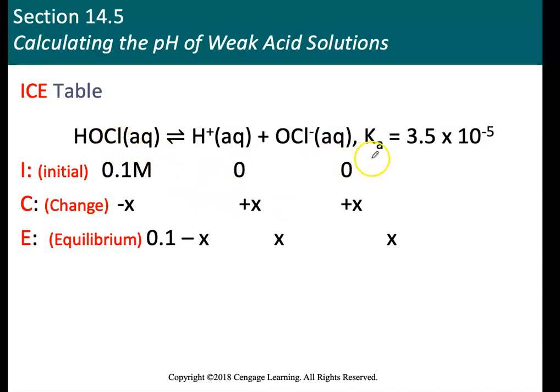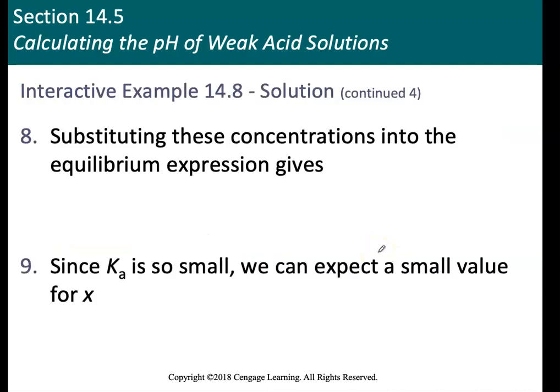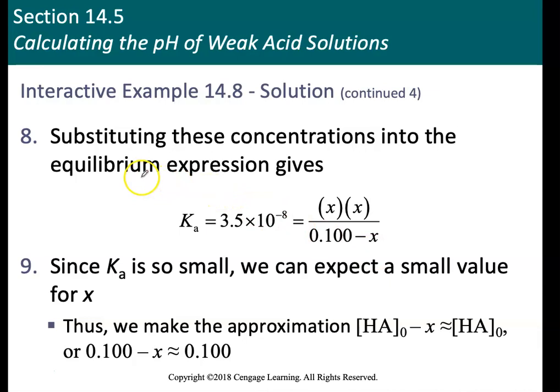So it looks like this in the ICE table. That's the equilibrium. Now let me correct my mistake here, 10 to the minus 8, and then write the initial 0.1 molar, 0 and 0. Change is minus X, plus X, plus X. Equilibrium will be 0.1 minus X, X, and X. So now we can set this up into the equilibrium constant.